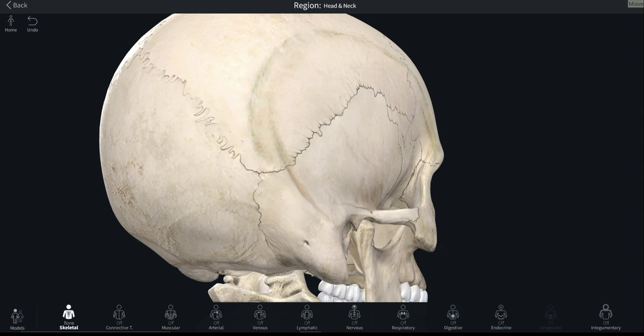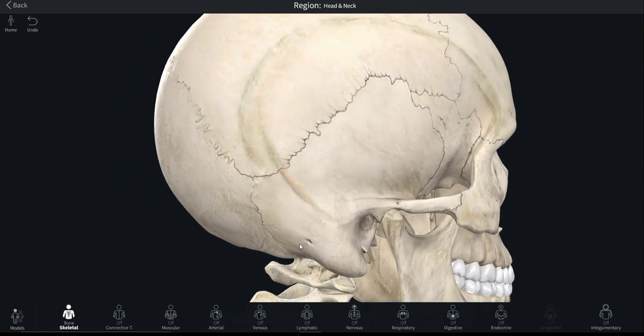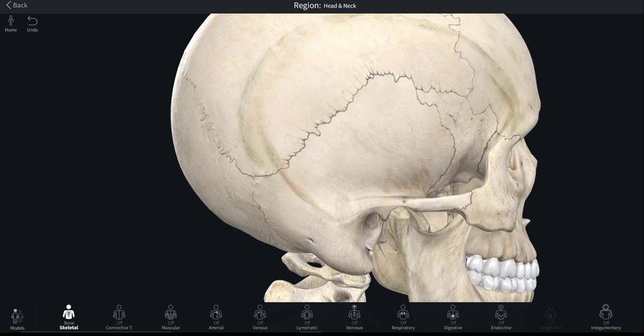The mastoid part of the temporal bone. So the middle part of the inferior border of the parietal bone is articulated to the squamous part of the temporal bone, whereas the extreme posterior part of the inferior border of the parietal bone is articulated with the temporal bone.